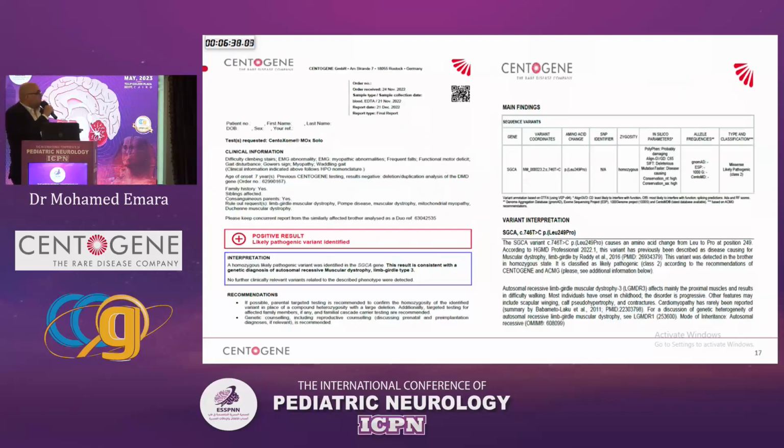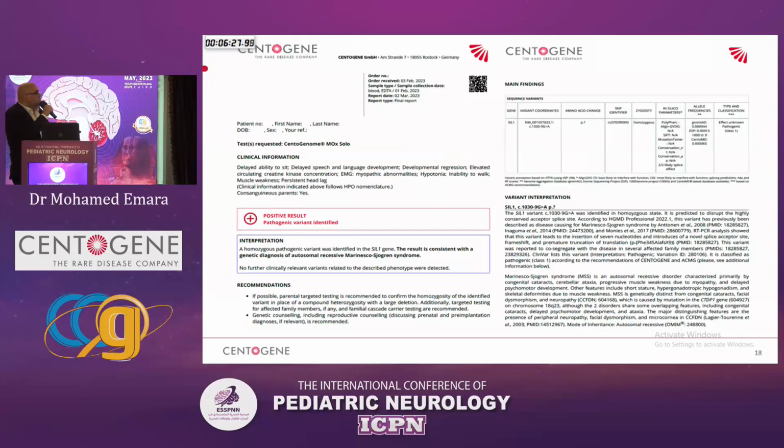This is another sample report for a patient diagnosed with limb-girdle muscular dystrophy, and this is a sample report for a whole genome case. Also, as you can see, in every report we write the clinical information.